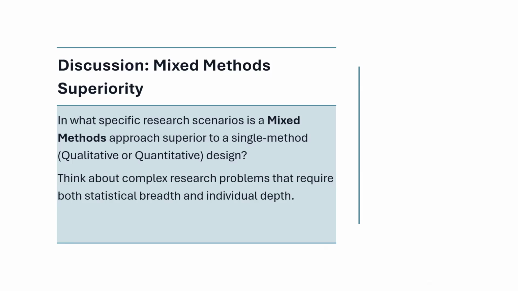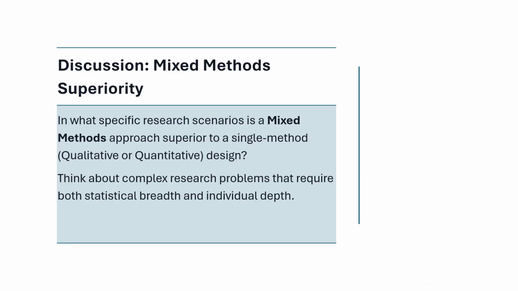Why is mixing superior? Because a survey alone tells you there is a problem, but interviews alone cannot show how widespread it is. But when you combine them together, it can complete the explanation.